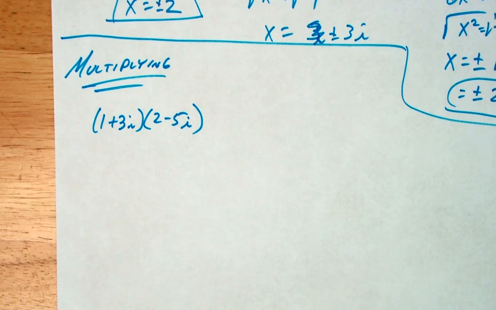Distribute. Yeah. Gee, I think that's why we probably did that a little bit. So distribute carefully. Keep track of your i's and your i squareds, maybe. You done already? Okay. I want you to do that problem, because you haven't done this before.